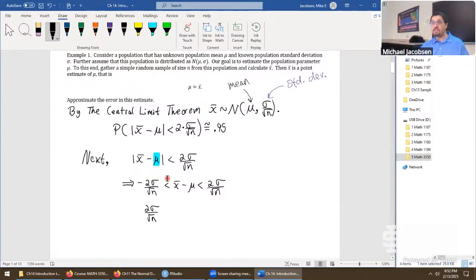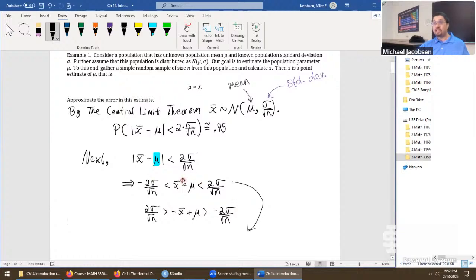We're multiplying by a negative sign, so the trickery with algebra is these change their directionalities. Multiplying by -1 here would give us minus X bar plus mu. Direction change here, greater than, multiply by -1, -2 sigma over the root n. This is kind of awkward to look at, so I'm going to read this out again, just changing the order. That's a good step to skip from here to here, but it's kind of hard to see if we did that skip.